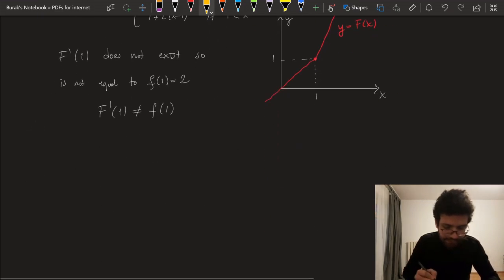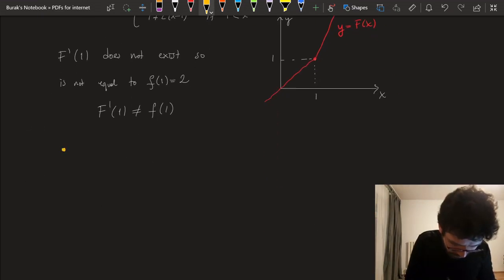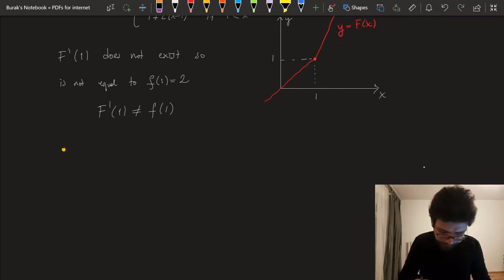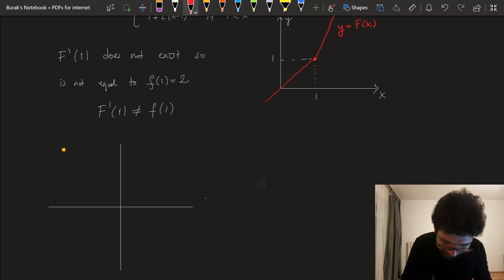Here's another example. Okay, consider the function f of x, which is defined as follows.